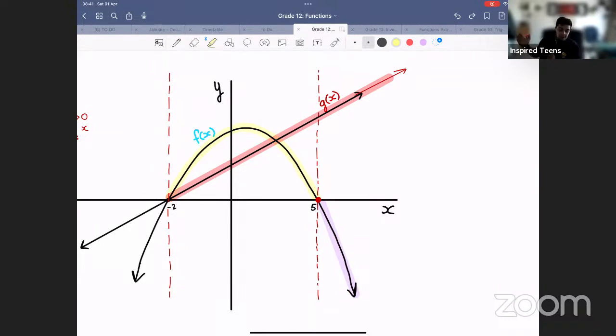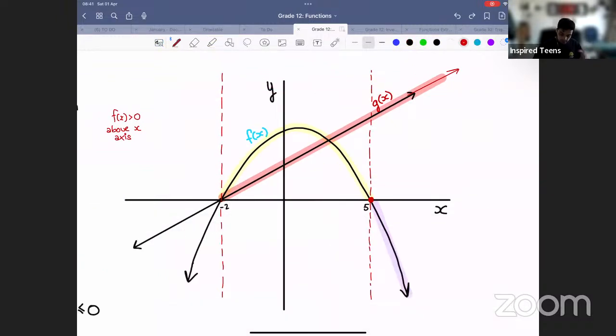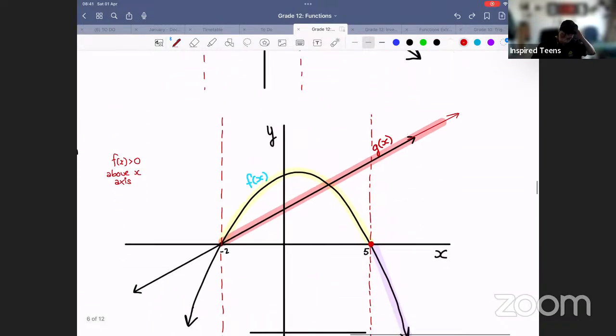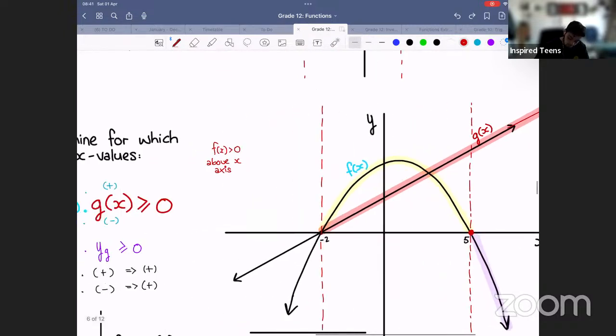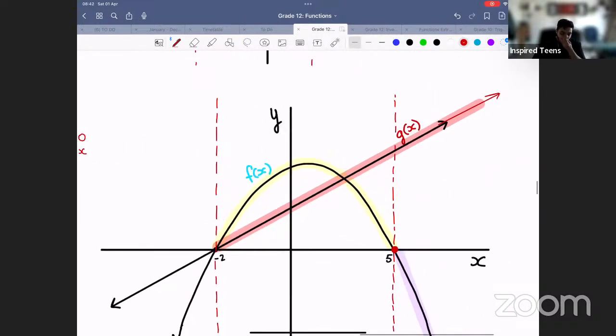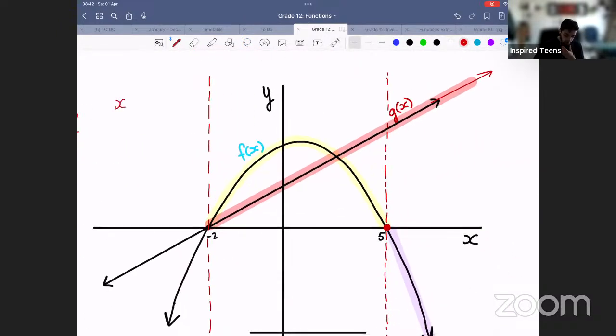As soon as we pass 5, g of x is above while f of x is below. As soon as we go before -2, both of them, excuse me, are below. So our answer for the first part is going to be, yes, we can write here, x is an element of the most left value and the most right value.